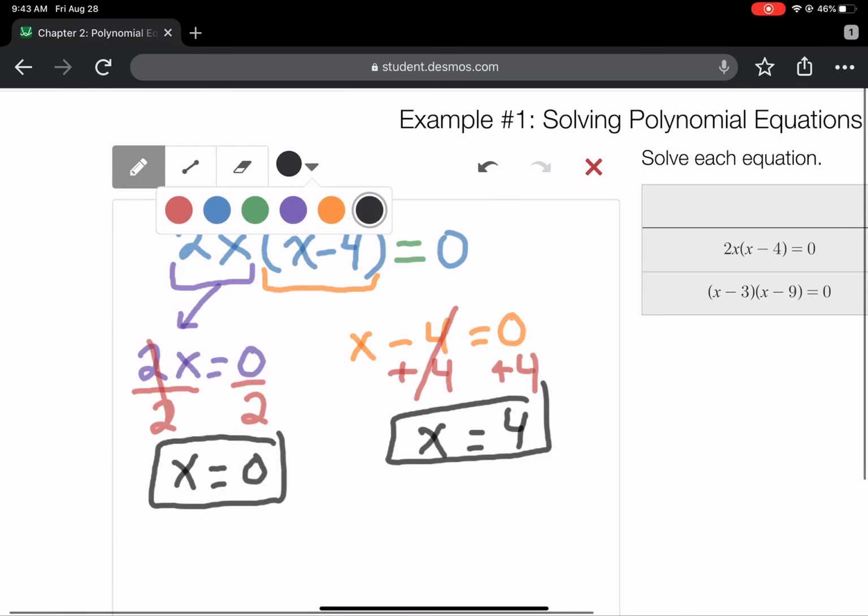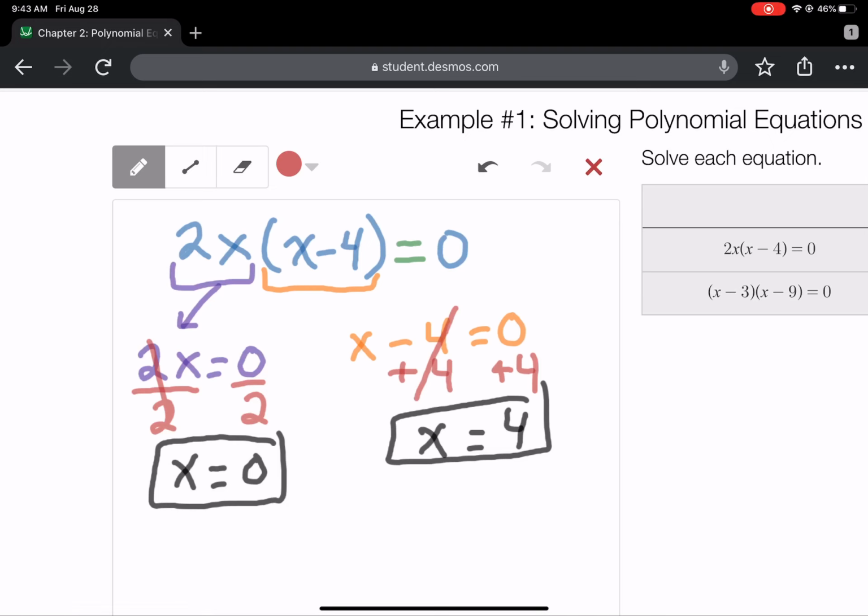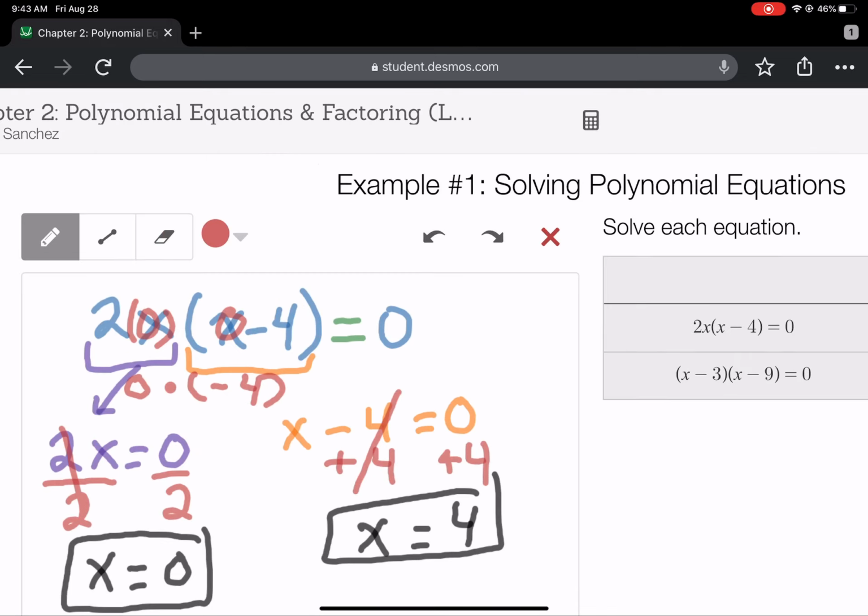If I were to take my first answer, which was 0, and replace both of my x's, I would get 2 times 0, which is 0. And then in my parentheses, I would have 0 minus 4, negative 4. So then I would have 0 times a negative 4, which would give me the result of 0.